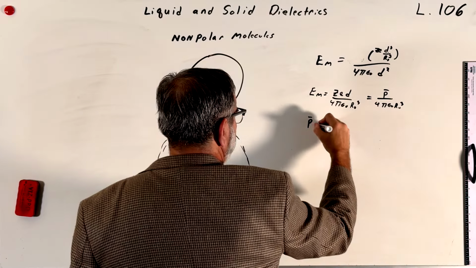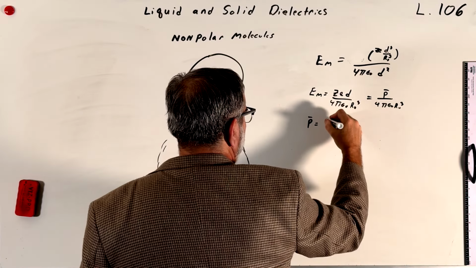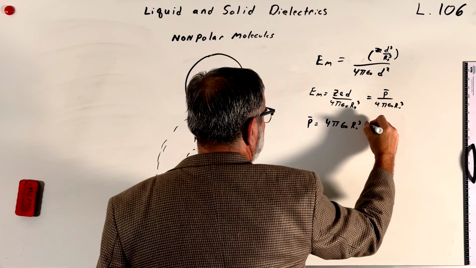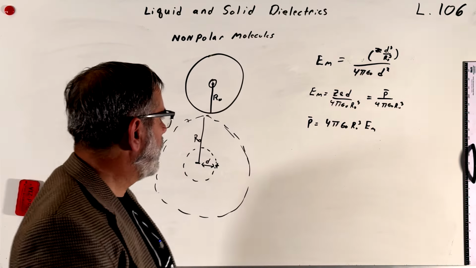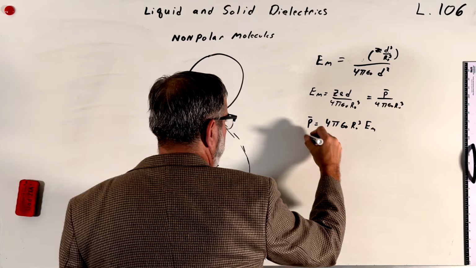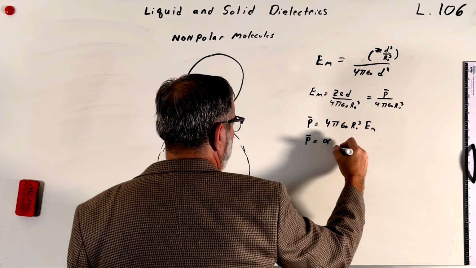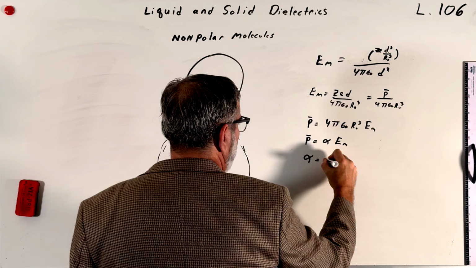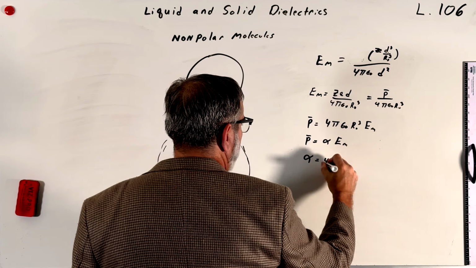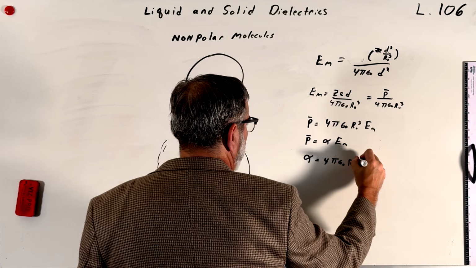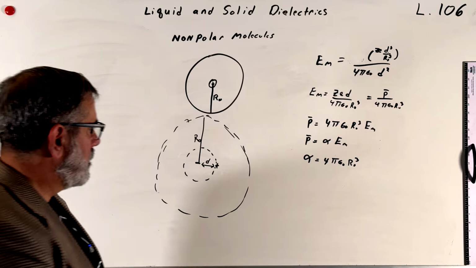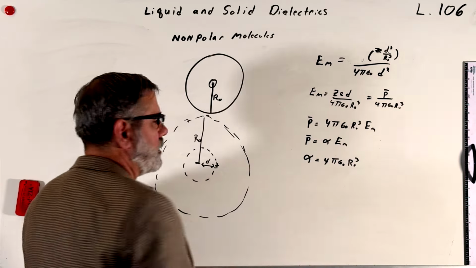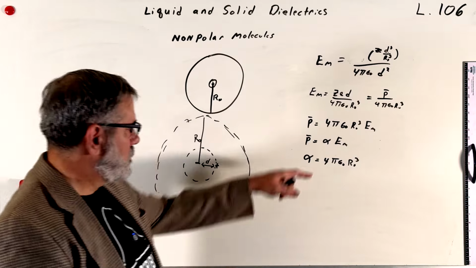So I could write this as p equals 4 pi epsilon naught r naught cubed times E sub m, the molecular field. And recall that dipole moment is equal to alpha, the molecular polarizability, times the field, which means that alpha is equal to 4 pi epsilon naught times r naught cubed. Right, because here's p, here's p, here's an E sub m, and you see this must be that. Yes? You see that? Just through the simple relationship here.